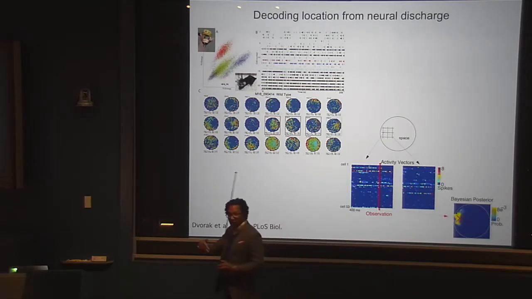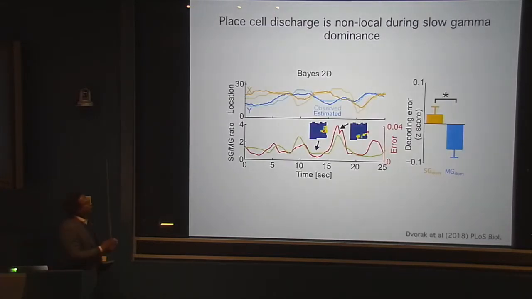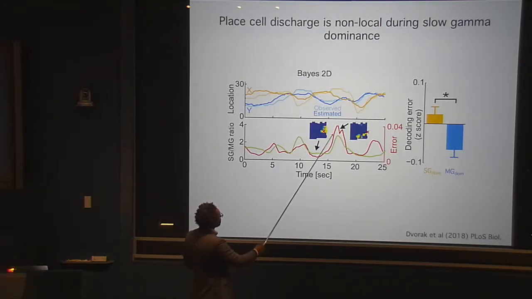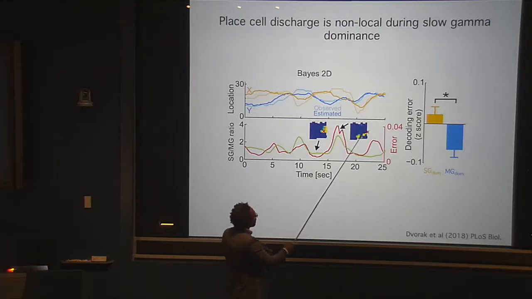So we can actually decode quite well, it's sort of a mind-reading trick, how well the hippocampus is signaling or representing where the animal happens to be. And what we notice, let's just focus on here, we can look at this ratio of the slow gamma to the medium frequency gamma here in the red line. And when that is peaked, what we notice here is that the probability of where the animal is turns out to be distant from where the animal actually is.